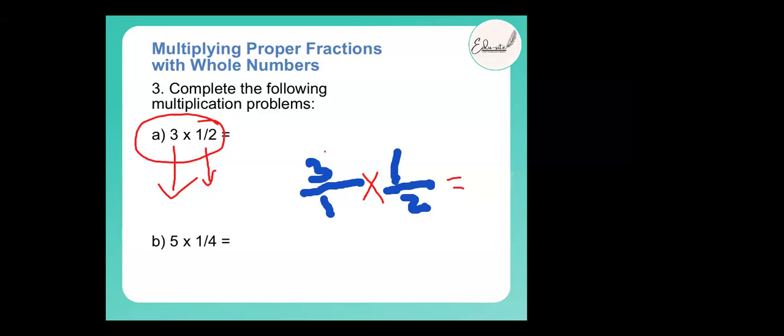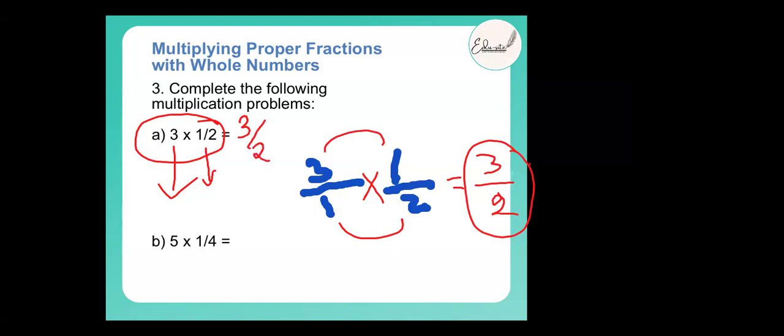Yeah. Okay, so what is 3 into 1 and 2 into 1? First you do 3 times 1 is 3. Then you do 1 times 2 is 2. Excellent. So this is the answer, right? 3 over 2. So write down the answer on your worksheet as 3 over 2. And also you can convert this into the mixed fraction if you want, okay?